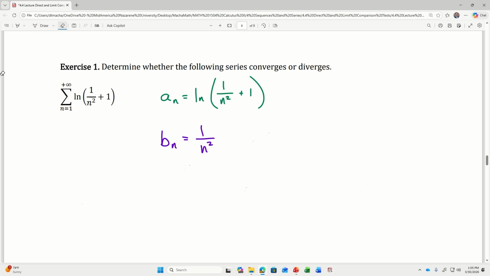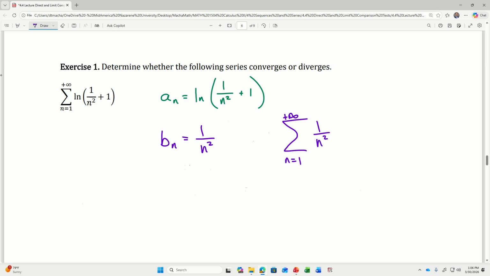I think I just need 1 over n squared. Because adding the plus 1, that would definitely diverge. So let me try this with bn, which is 1 over n squared. My series is going to look like this.